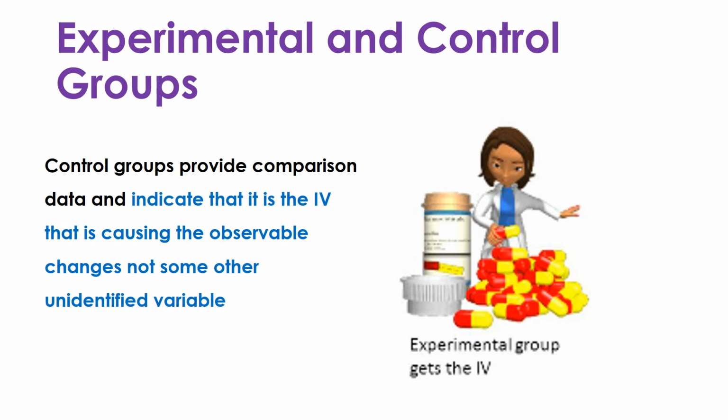So why is it that we have control groups? Control groups are pretty important because they tell us that at least if we're giving some sort of experimental procedure to this group, it is actually the IV that's causing an effect and not some other random variable that we didn't even think about. So it's to make sure that our experiment's actually valid to that particular population and this particular sample.